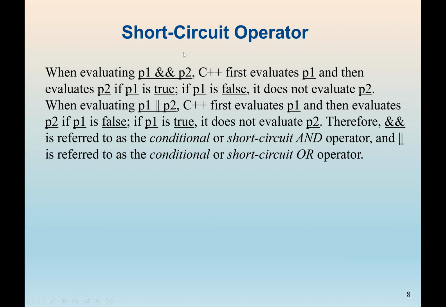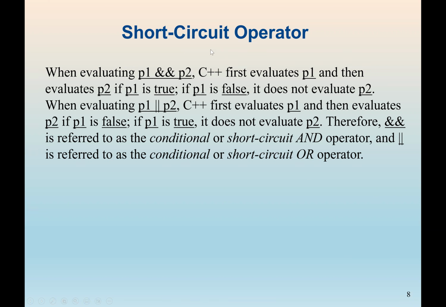So we also have what we call the short circuit operators. Here we went through the concept. For example, if I have P1 and P2, and P1 is most likely to be false, then I'll put P1 first. If P2 is most likely to be false, then I'll put P2 first. Because in the AND operator, if one condition is false, it doesn't matter if I have 100 conditions, I'll still get false.